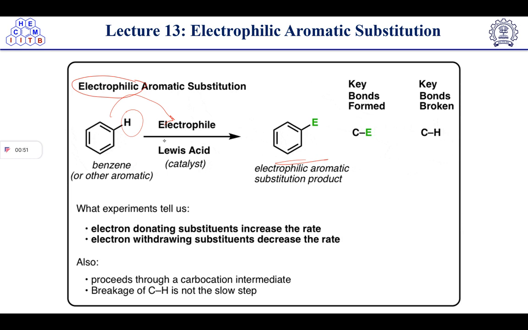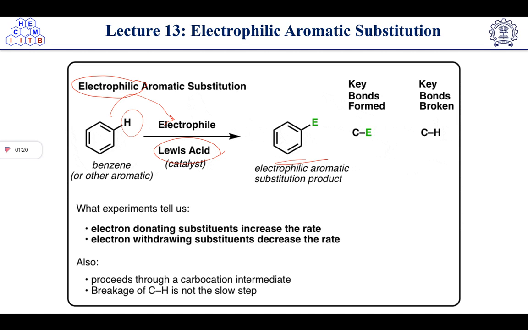So let's start here. We have a benzene ring and an electrophile is getting added, right? In the presence of a Lewis acid, we get the electrophilic substituted product.